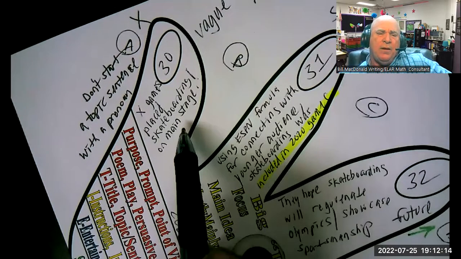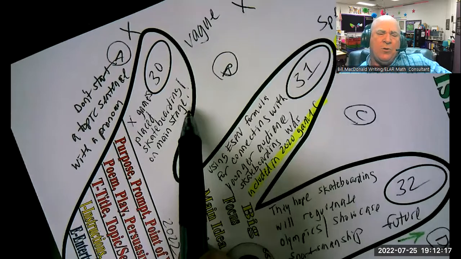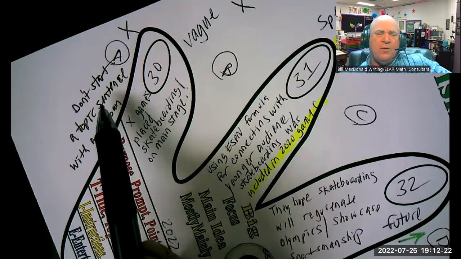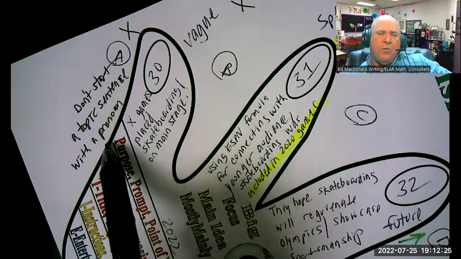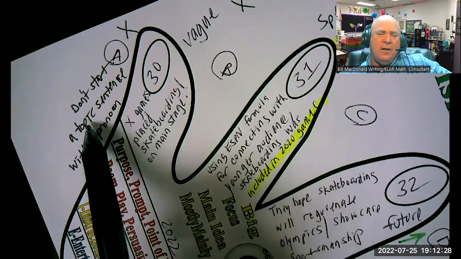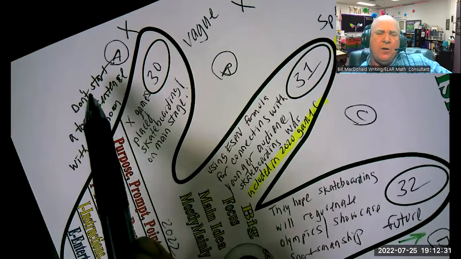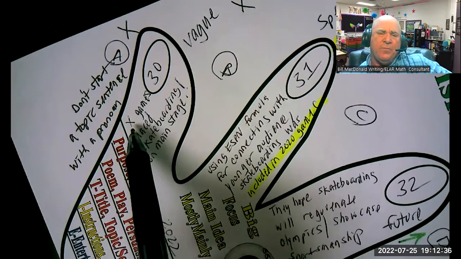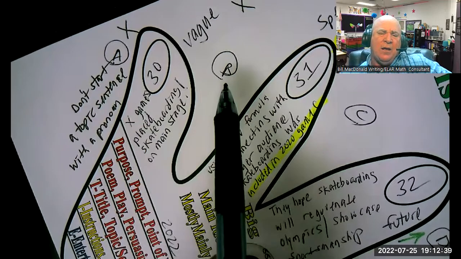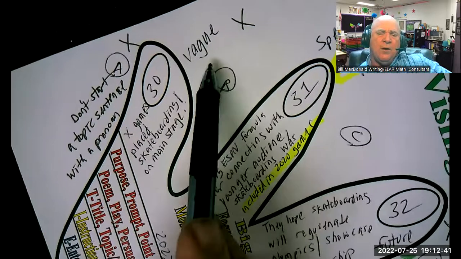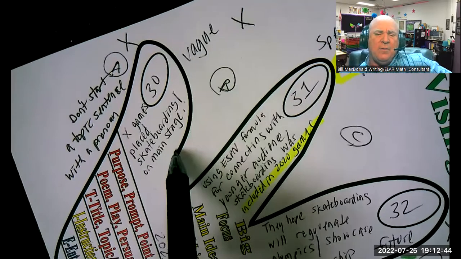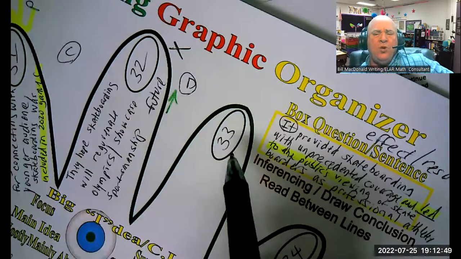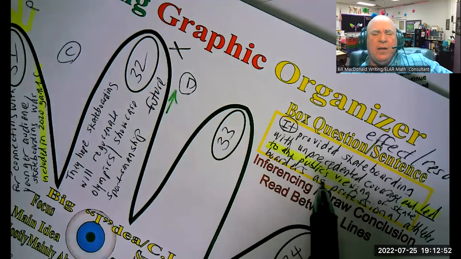Because I told you that we should not start a sentence in a paragraph, a topic sentence, with a pronoun, it wouldn't make sense to have the pronoun in front of the noun, in this case, skateboarding or the X Games. If I was to place it after 30, I'm going to say it's too vague, on the main stage. Well, if being placed on the main stage is going to lead to public viewing, what do you mean by public viewing and coverage?